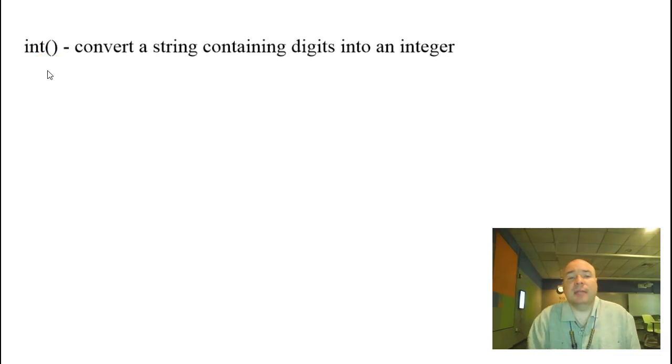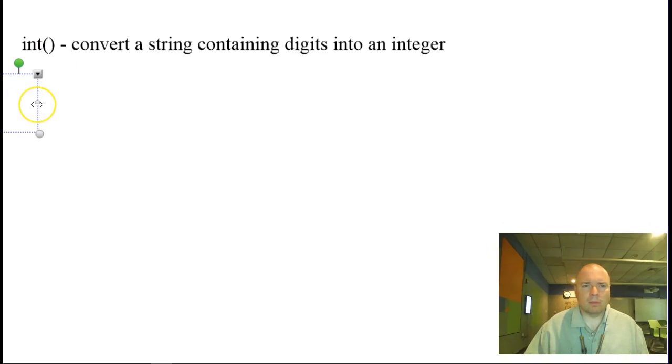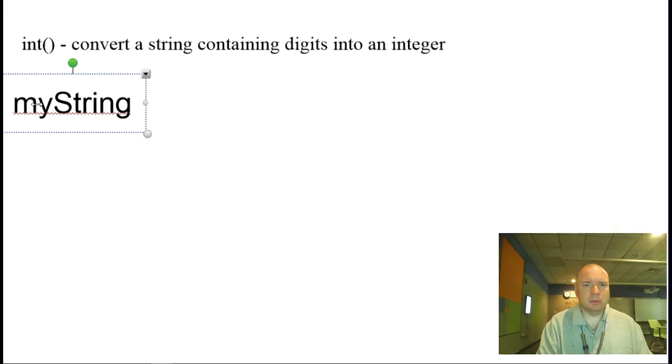The first kind of conversion we can do is we convert a string into an integer. The way this would work is we would take our string, let's say my string equals, and we're going to put a number in here, 56.